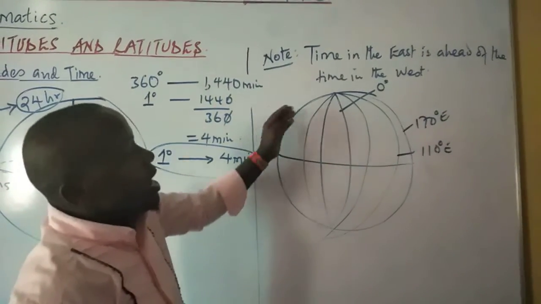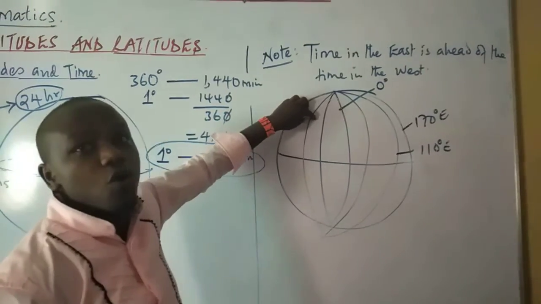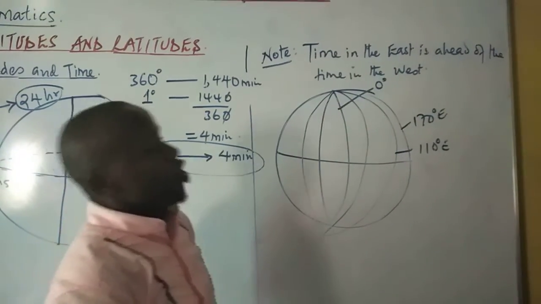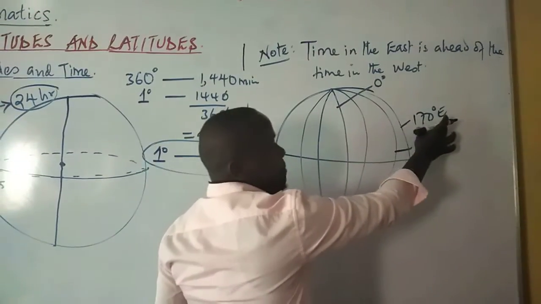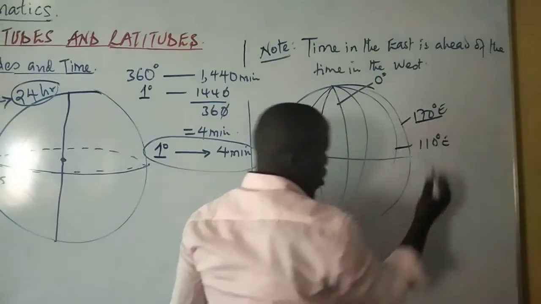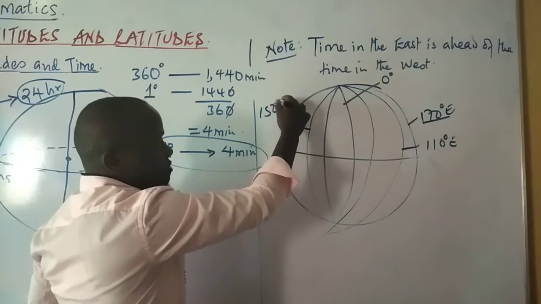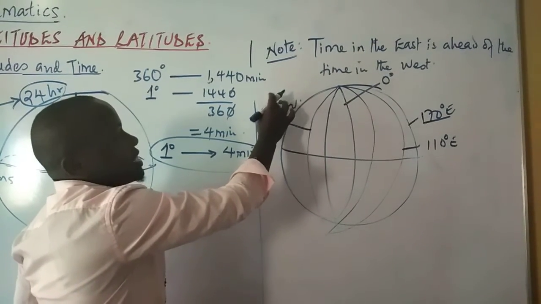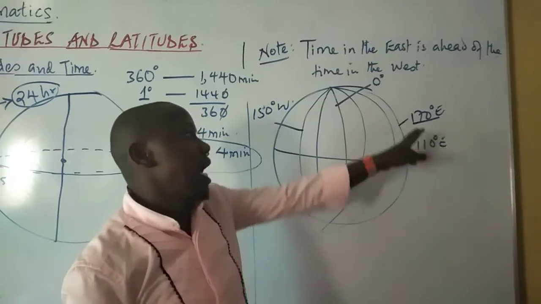Later it is these places which will dawn. So it is very logical to argue that time in the east is ahead of time in the west. If this is 150 degrees west, the time here is far behind compared to the time in the east.